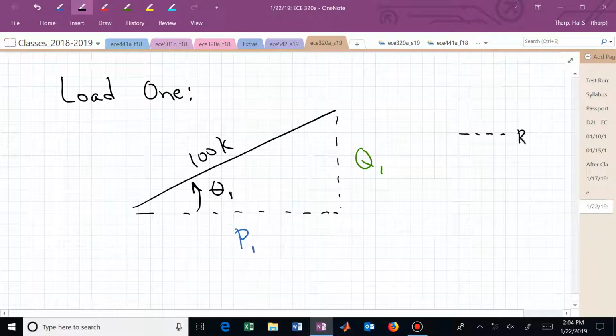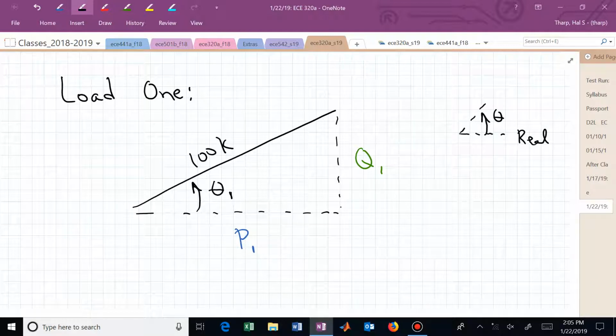Here's the real axis, and these angles are all measured relative to the horizontal real line, and in this case in a counterclockwise direction. So if we're going counterclockwise relative to the real line, now we're moving through a positive angle.